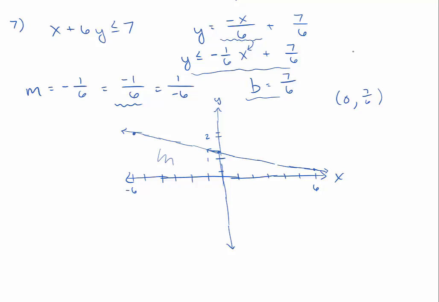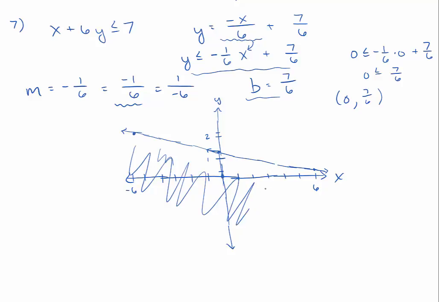When I plug in, I say 0 less than or equal to negative 1/6 times 0 plus 7/6. The times 0 becomes 0, and that's why I like to choose 0, 0, because a lot of stuff cancels out. 0 is less than or equal to 7/6, and that's true, right? 7/6 is a little bit more than 1, so 0 is less than that. So that's true, which means I'm going to shade this side of the line, which is what we guessed before.